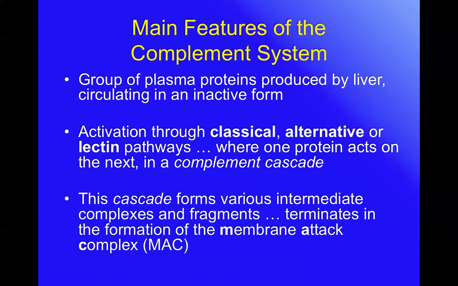During the cascade, various intermediate complexes and fragments, all of which are biologically active, are formed. But this cascade terminates in the formation of the membrane attack complex, or MAC for short, which is able to destroy the target cells with enzymes that bore holes in their membranes, promoting cell lysis.